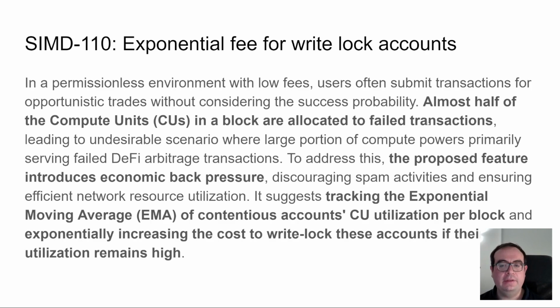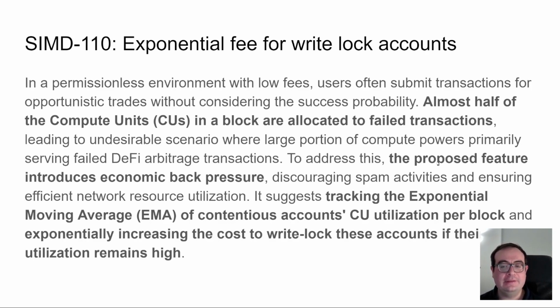These are transactions that fail because there is a lot of spam, because you are trying to access this highly contested state, and most of the transactions will fail, but you as a spammer will still be profitable. In some cases. It's not always, of course, but in some cases, and we want to remove this inefficiency.